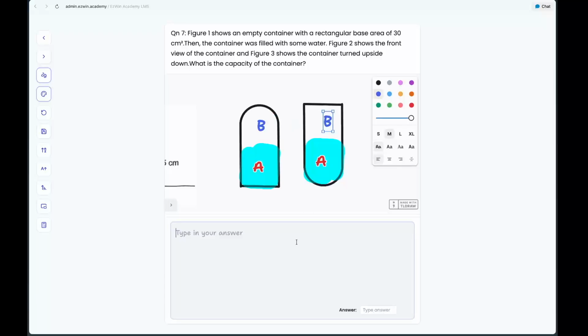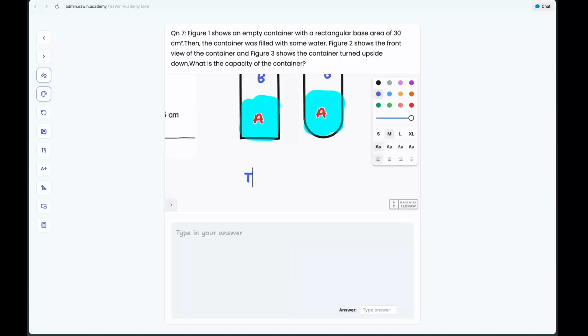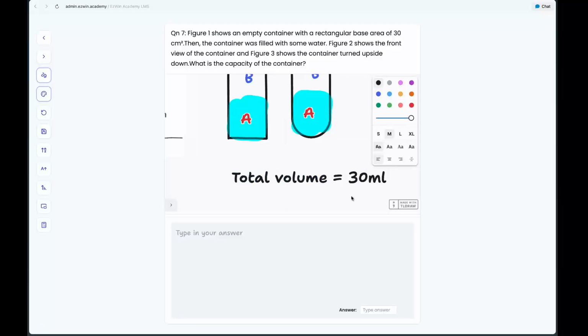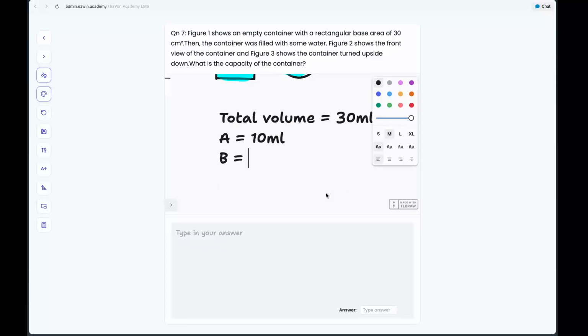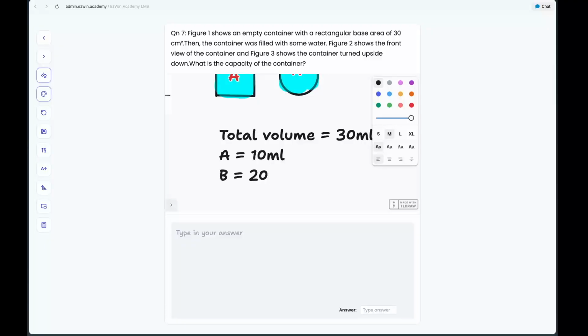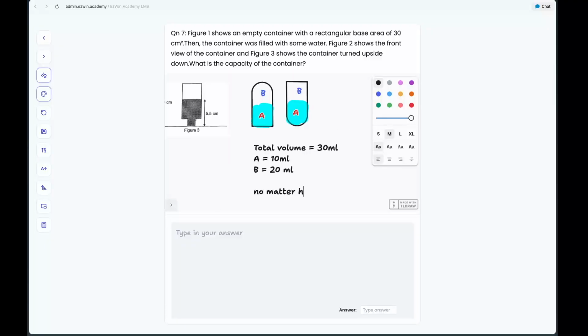If the total volume is 30 ml, and A is equal to 10 ml, and B is equal to, can you guess? 20 ml. So no matter how they are placed, the volume remains the same.